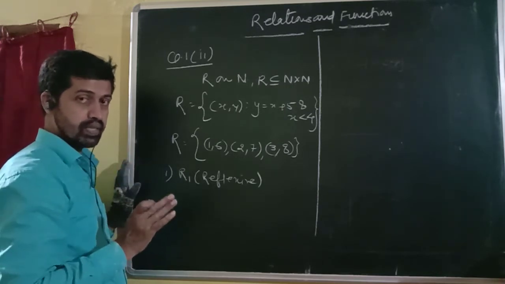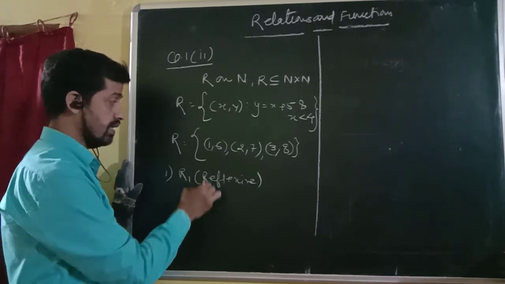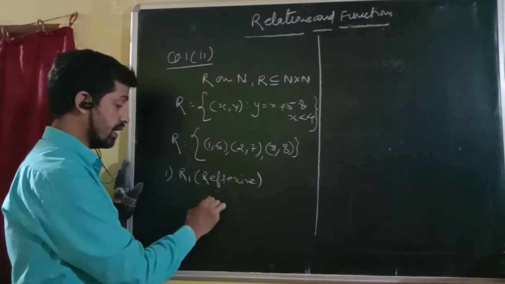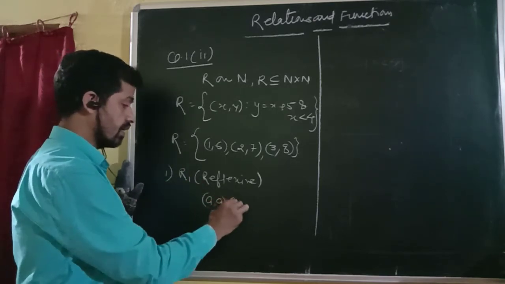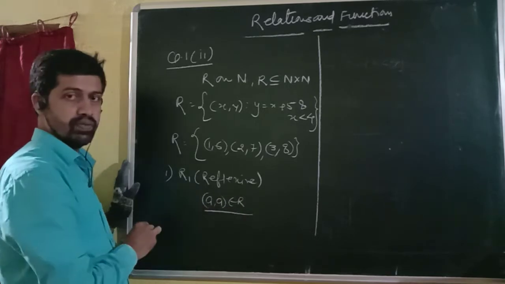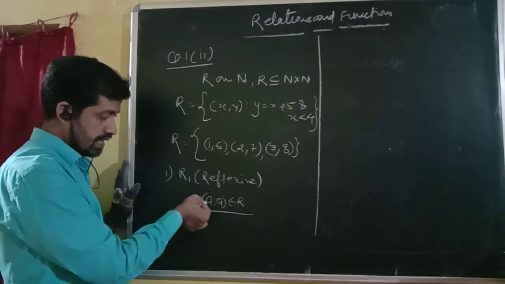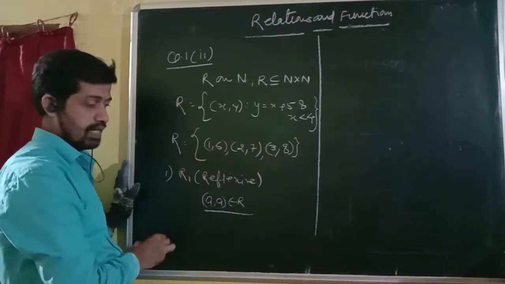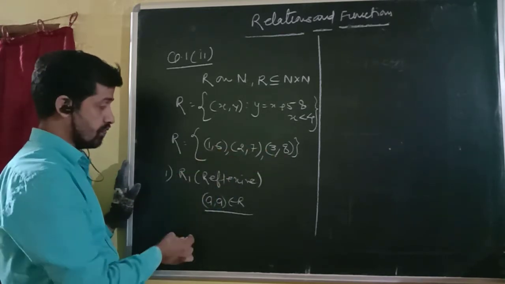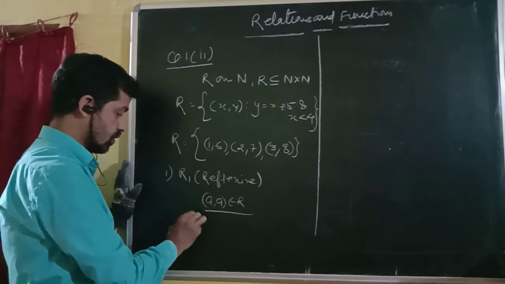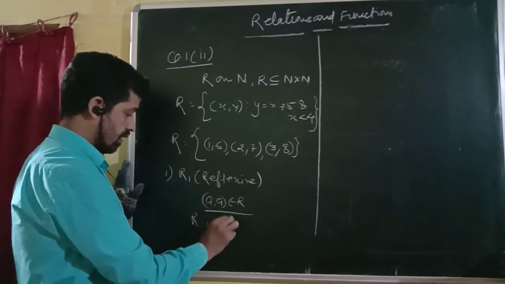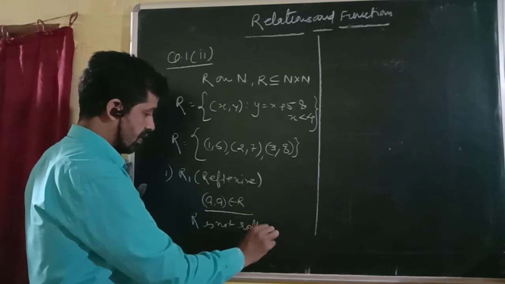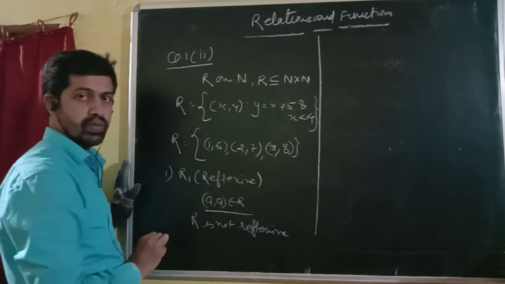For reflexivity, we have studied that R should contain elements of type A, A. These kinds of elements are not here, and since they are not there, we say that R is not reflexive. Hope it is clear.